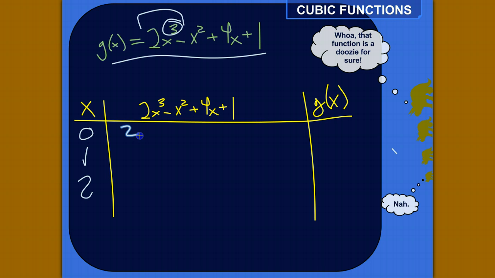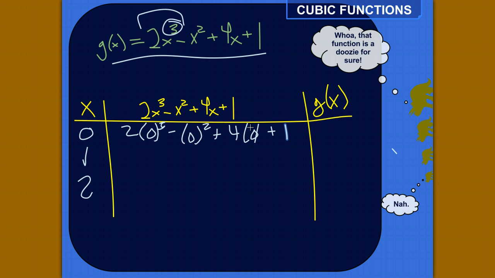So this would be 2 times 0 to the third minus 0 squared plus 4 times 0 plus 1. And I put these parentheses in here just to make it clear that this is where we're substituting in for x.